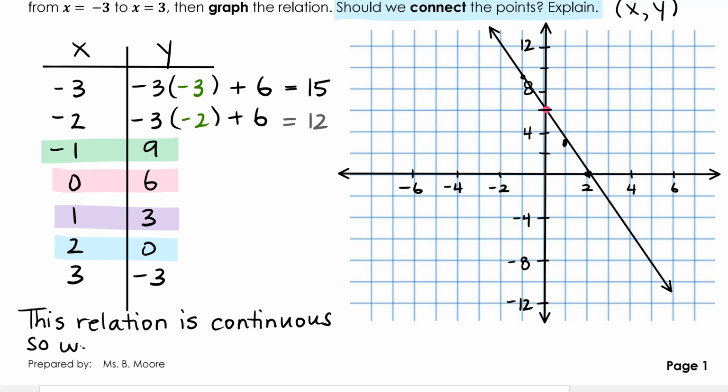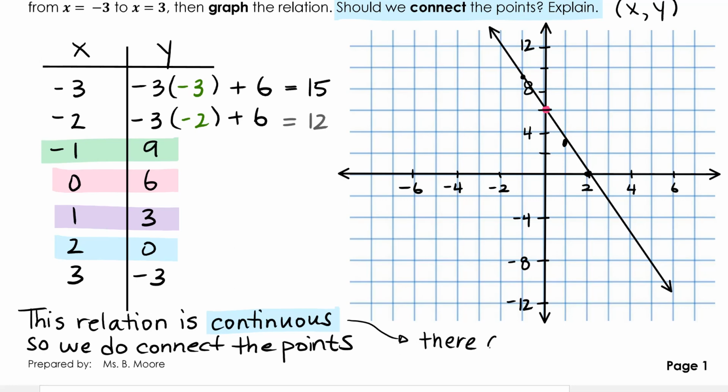So we do connect the points. Continuous means that there are in-between values.